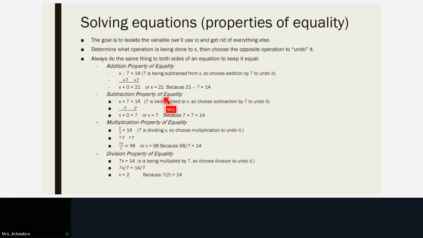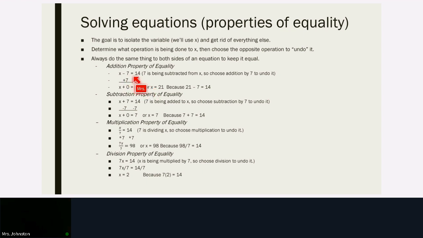So when you have to add something to both sides of an equation, it's called the addition property of equality. That would happen if x is being subtracted by a number. To undo that subtraction, you will add. That's the opposite operation. You just have to remember to do it to both sides of the equation.